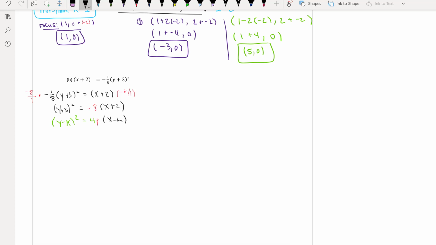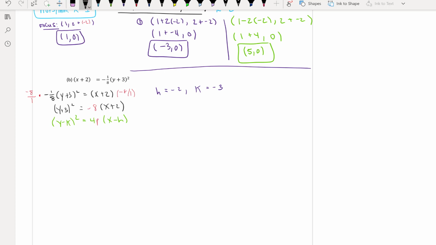So if I rewrite this, maybe I should write that in green, that'd make it better. There we go. So I can definitely tell you what my h and my k is going to be. I can tell you that my h value is going to be a negative 2, and my k value is going to be a negative 3.